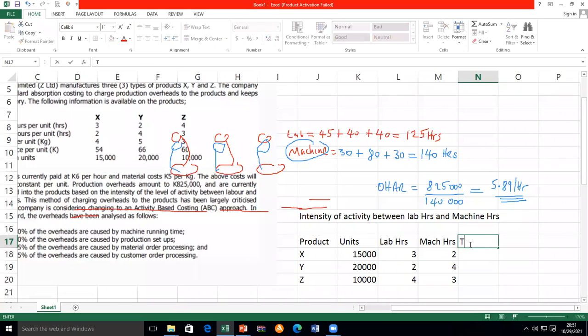So the total labor hours, and we got the total machine hours. So we go that by that.